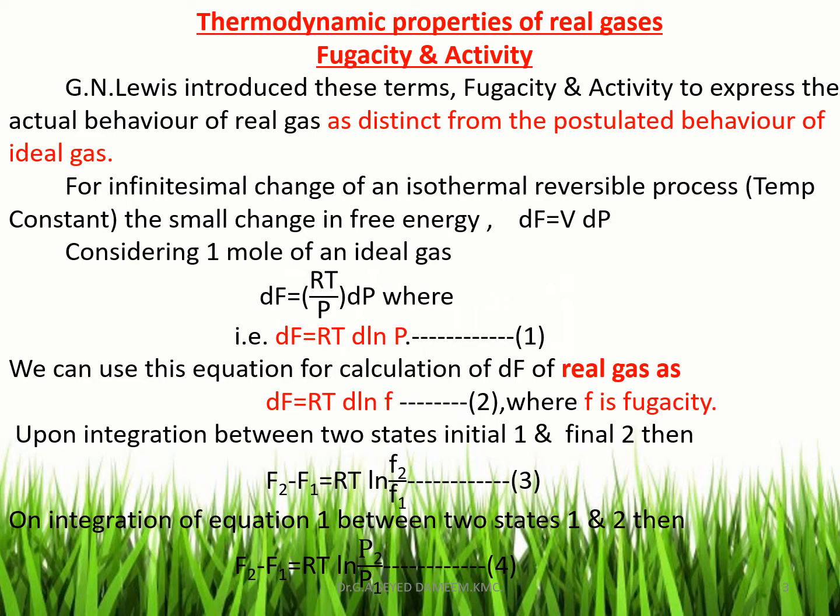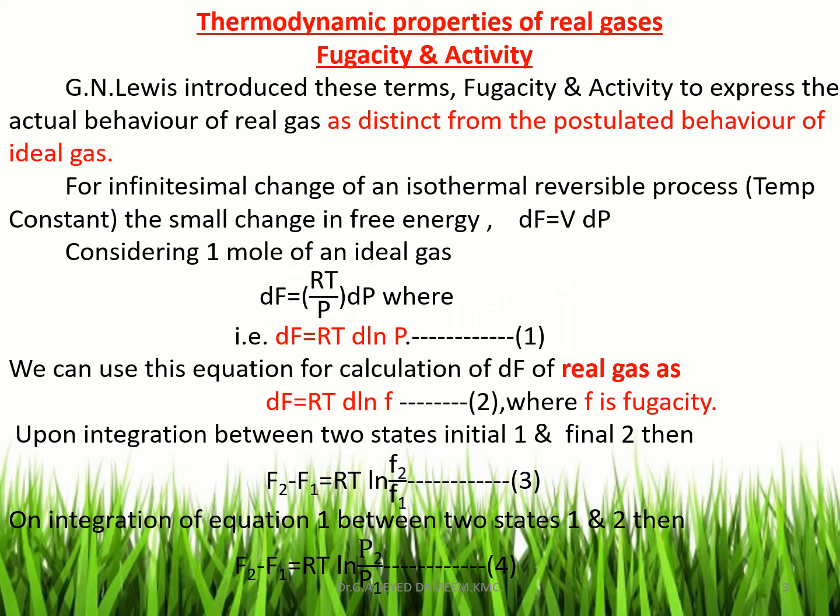Let this equation be 2. Upon integration between two states, initial and final, equation 2 becomes F2 minus F1 is equal to RT ln f2 by f1. That means capital F are the free energies and small f are the fugacities: f1 and f2 are the fugacities of the initial and final states.